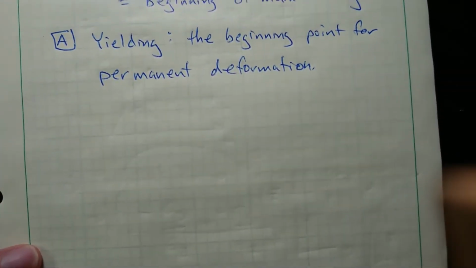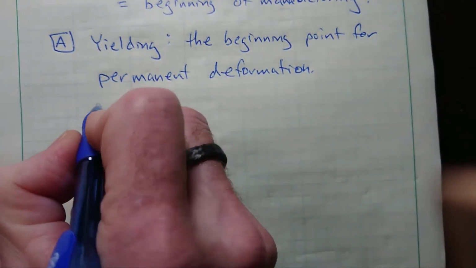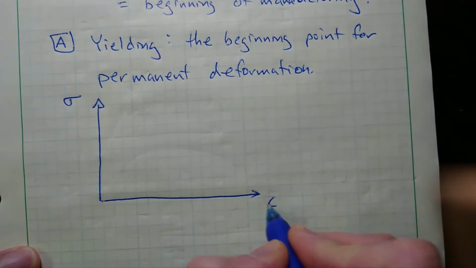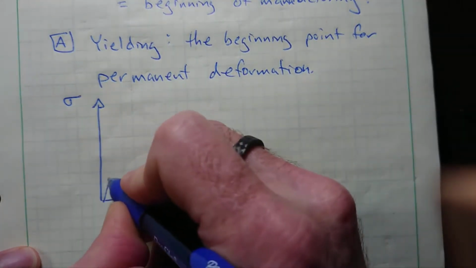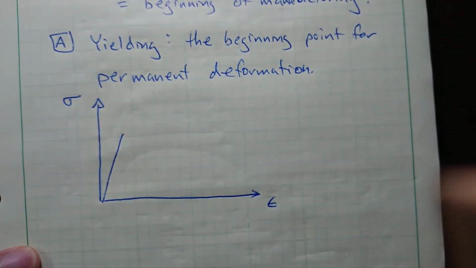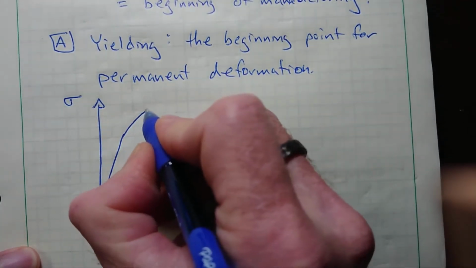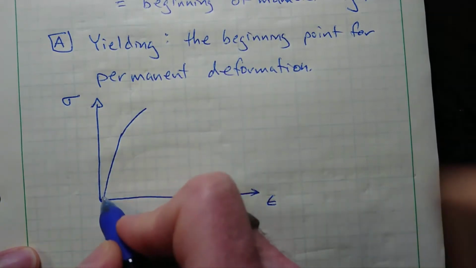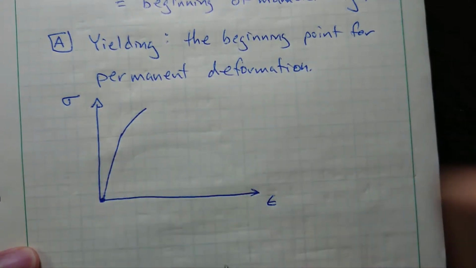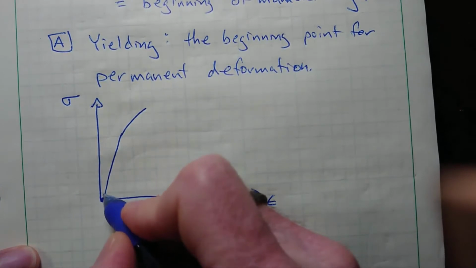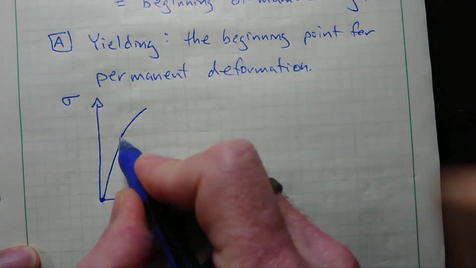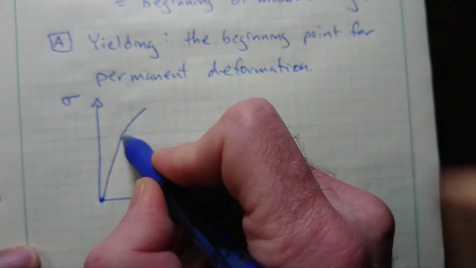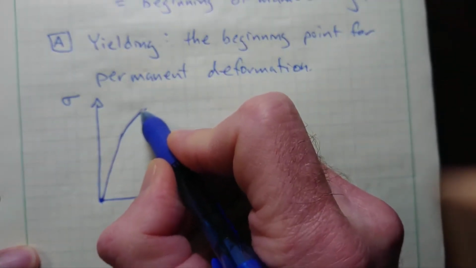Okay, so let's draw a little stress-strain diagram again so we can talk a little bit more about this. Stress versus strain, and we've got the region where it's linear elastic. Let's say we started with a sample that was not under load. We start to increase the stress. We eventually reach a point in most ductile materials where the stress-strain curve bends over.